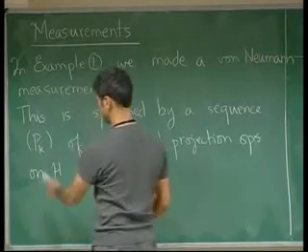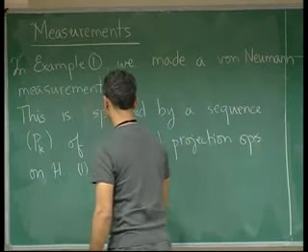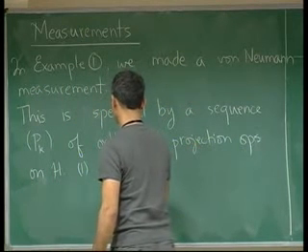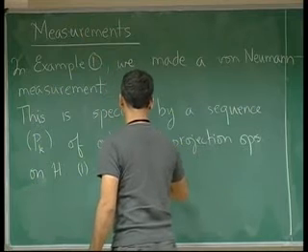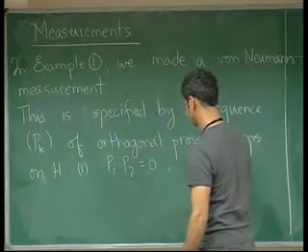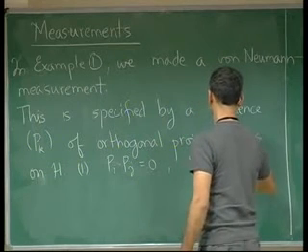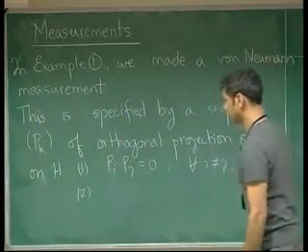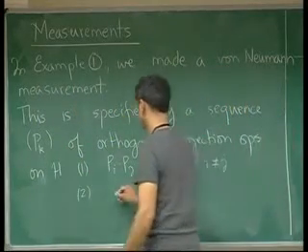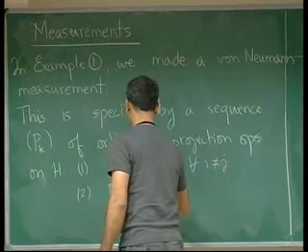This basically means, what does it mean to be orthogonal? It means, one, that if you take any two of them, P_i times P_j is 0 whenever i is different from j, and 2, each of them is a projection operator, meaning it squares to itself.